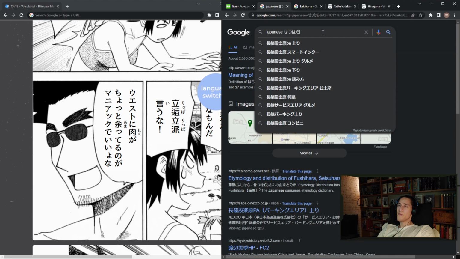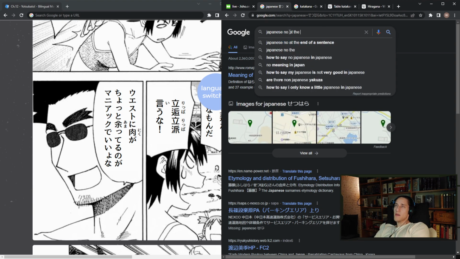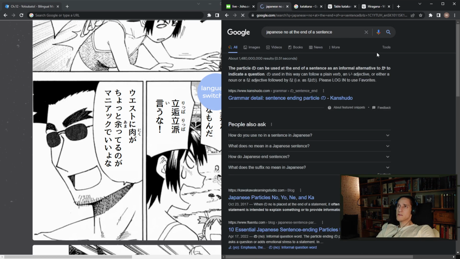Let's Google Japanese no at the end of a sentence. Particle no can be used at the end of a sentence as an informal alternative to ka to indicate a question. No, this is not it. No used in this way can follow a plain verb, an i adjective, or a noun.